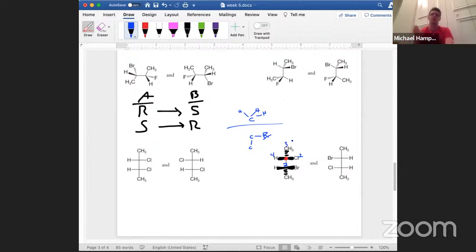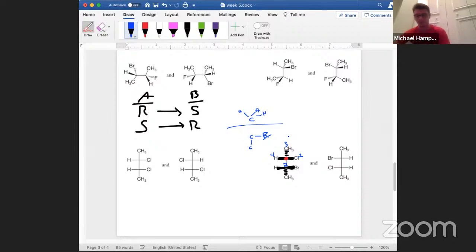So after you do the 3D, the arms of your dog or cat are wedged. The top and bottom, the head and the tail, are dashed. After you find your priorities, you do not have to ignore anything.